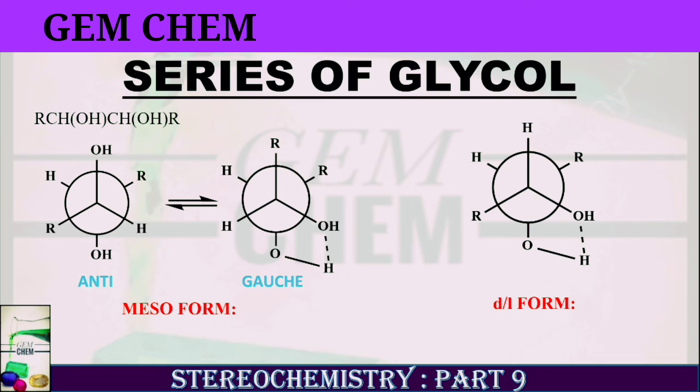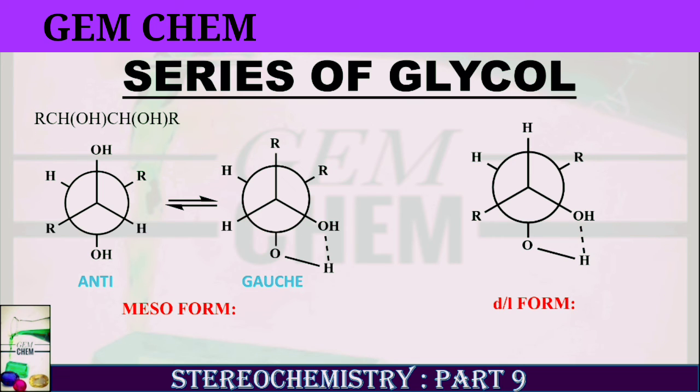As a result, steric interaction outweighs the hydrogen bonding. In the DL form, the steric interaction is practically nil as the R groups are anti to each other. The two OH groups can come closer to each other and the methyl groups move away. The interaction of OH with methyl is reduced, giving extra stability. Some amount of energy is released by the hydrogen bonding. As a result, the structure becomes stable.